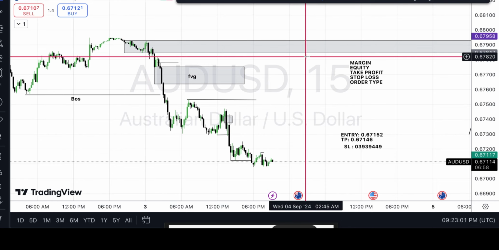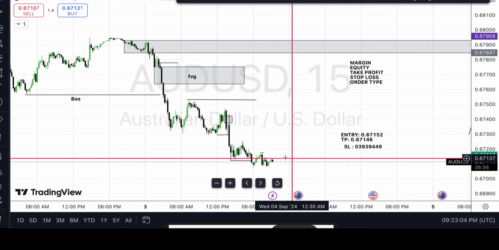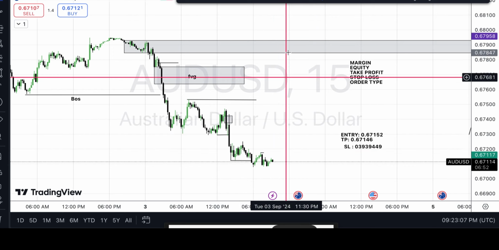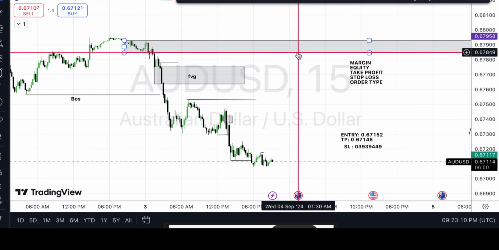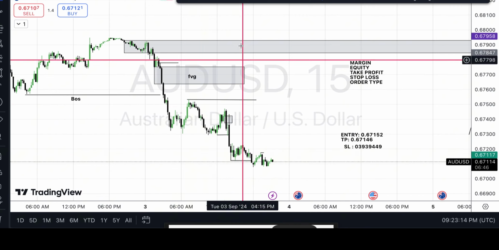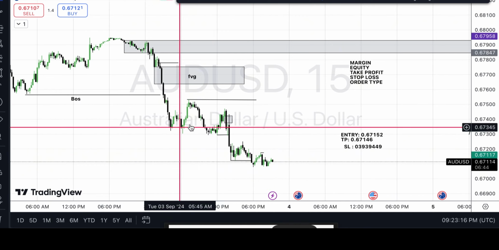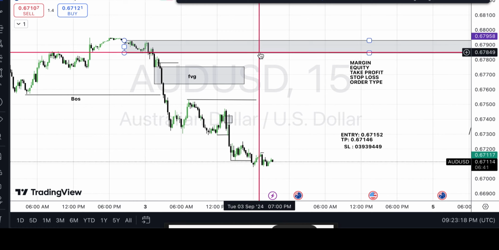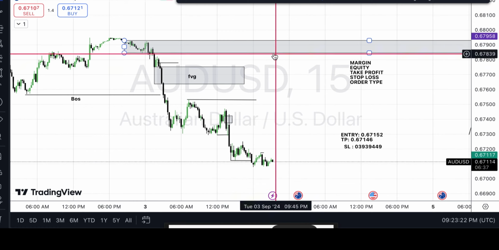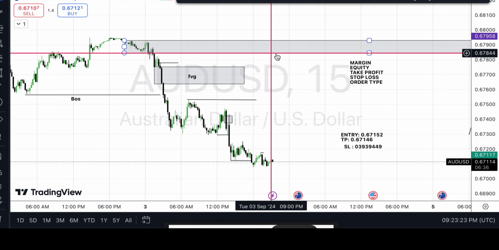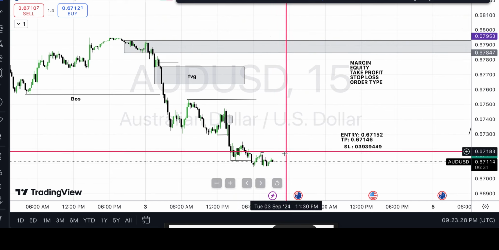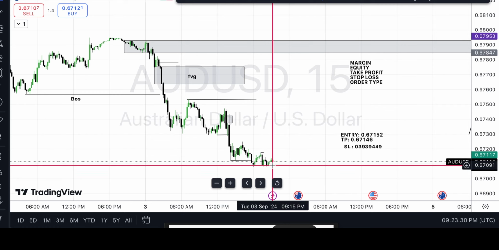Let's say I believe, based on my strategy, that price will come to this zone before selling, because there's a break of structure here to the downside, and I believe that price is going to find its way up here before selling. So what I'll do is set my sell limit here, then I'll set my stop loss around this zone, and then my take profit will be around this zone.